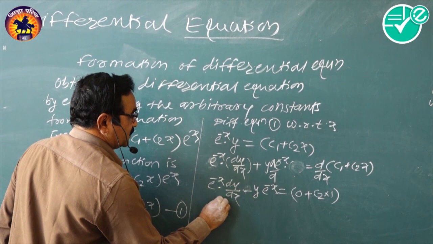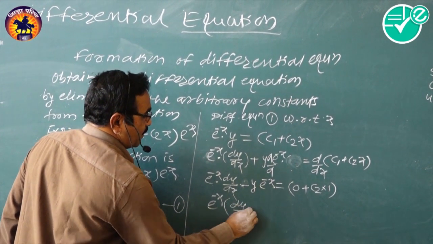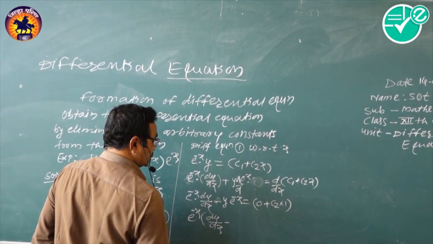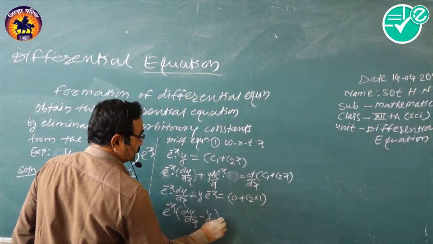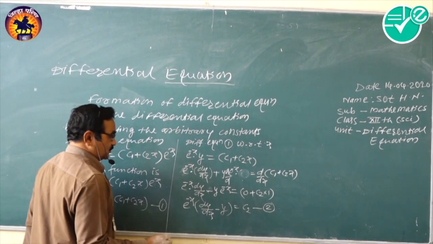e raised to minus x into dy by dx minus y equal to c2. This is equation number 2.